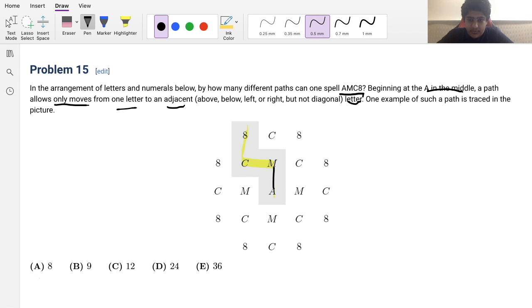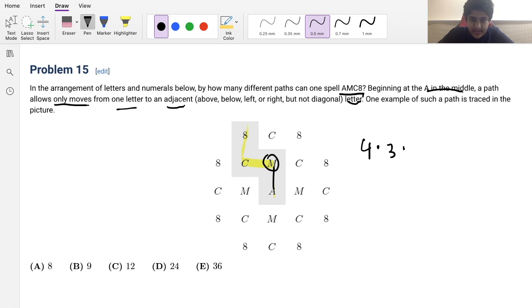So, we make sure not to forget to multiply by 4 at the end of our answer. Now, we have 3 choices from here, up, left, or right. No matter where we go, which is 3 ways, we will always have 2 ways to finish up AMC 8.